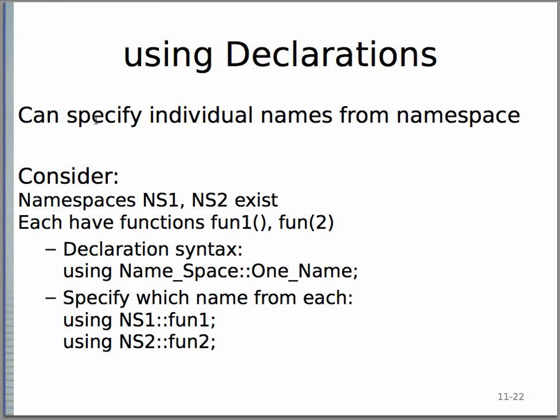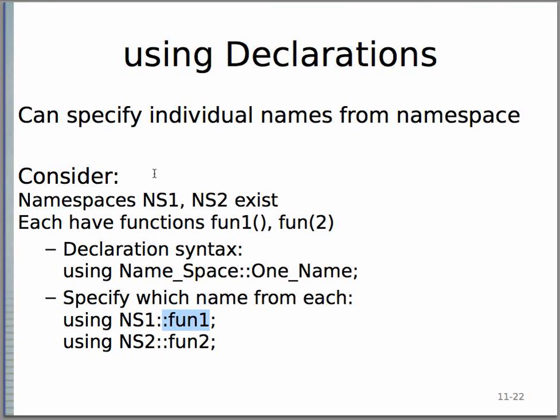Okay, so you can also specify individual names from within a namespace. So for example, you can use function fun1 from one namespace and then fun2 from a different namespace.